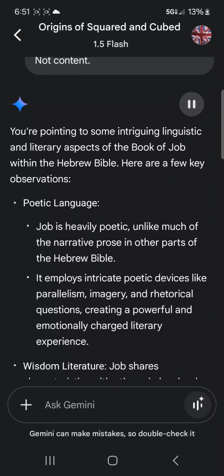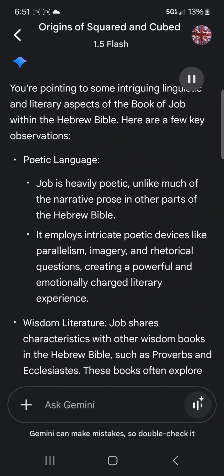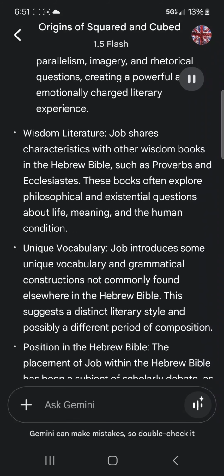You're pointing to some intriguing linguistic and literary aspects of the book of Job within the Hebrew Bible. Here are a few key observations. Poetic language. Job is heavily poetic, unlike much of the narrative prose in other parts of the Hebrew Bible. It employs intricate poetic devices like parallelism, imagery, and rhetorical questions, creating a powerful and emotionally charged literary experience. Wisdom literature.